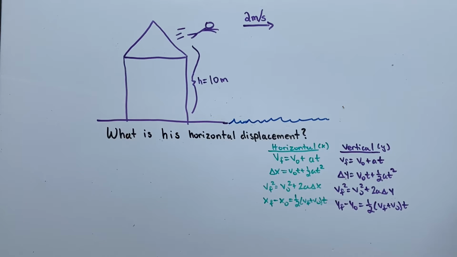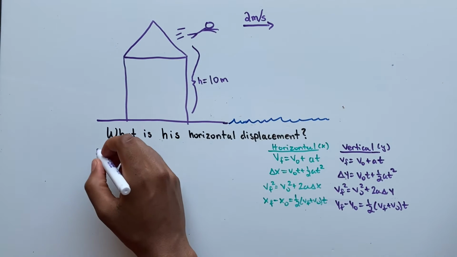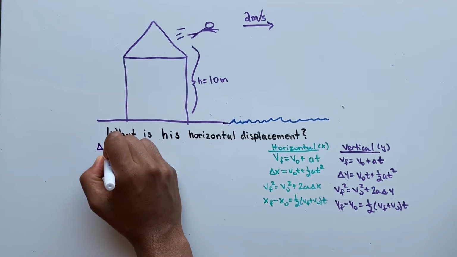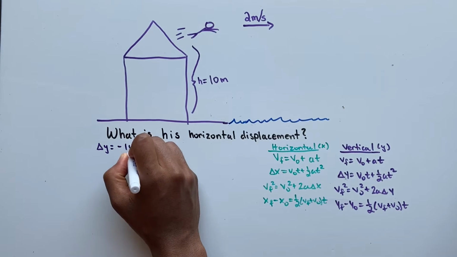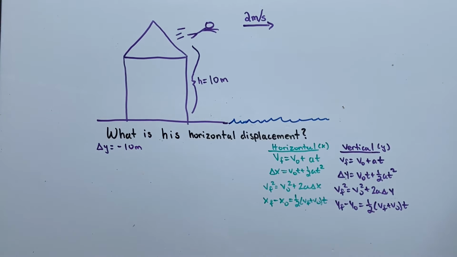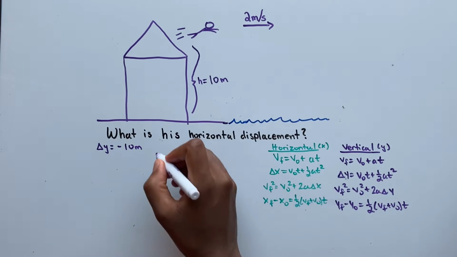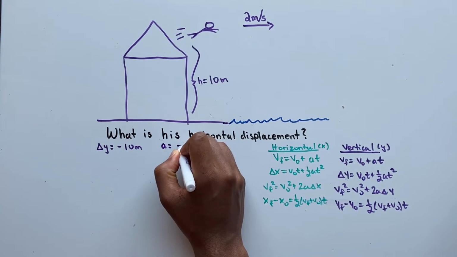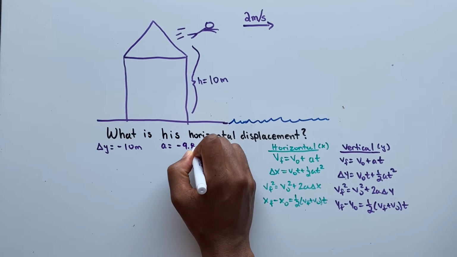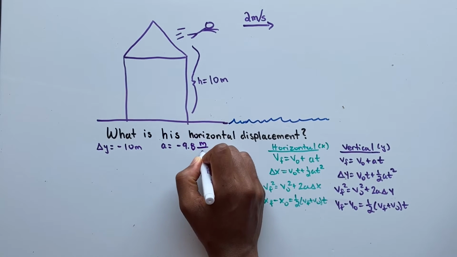But like we did in the previous videos, let's jot down our given variables. So we know that our height, or our vertical displacement, is negative 10 meters. We also know that our acceleration is the acceleration due to gravity, so our acceleration equals negative 9.8 meters per second squared.